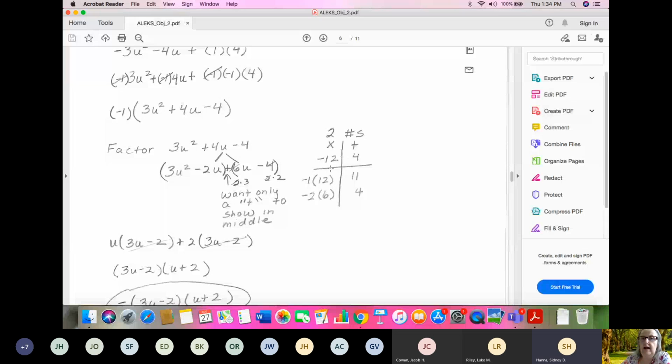Okay, awesome. And you want 2 numbers that not only multiply to give you these outside numbers, you want these 2 numbers to add to give you this inside number, which is +4, which is where this came from. Does that make sense? Or do you understand where these numbers came from? Yes, I do. Thank you.